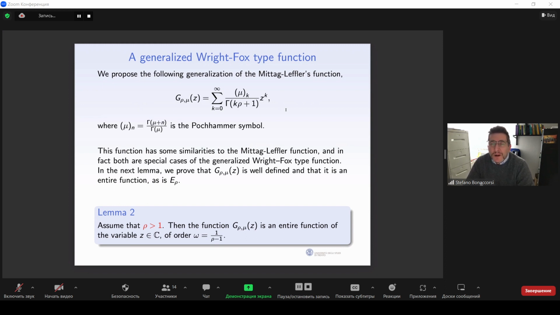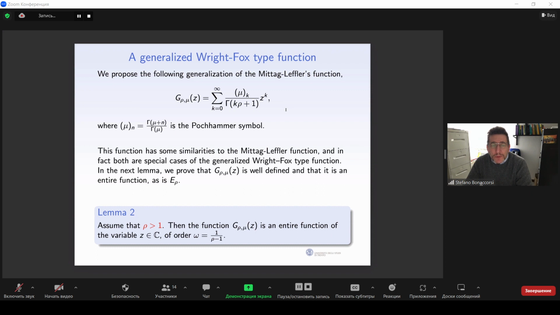It's one of the many functions with a name in the literature, and it's given as the ratio between the Pochhammer symbol mu k, and the gamma, the extension of the factorial function, gamma in k rho plus 1, multiplied by zeta to the power k. So it's an extension of the Mittag-Leffler function, since the Mittag-Leffler function is equal, but with 1 in the numerator of the ratio instead of the Pochhammer symbol.